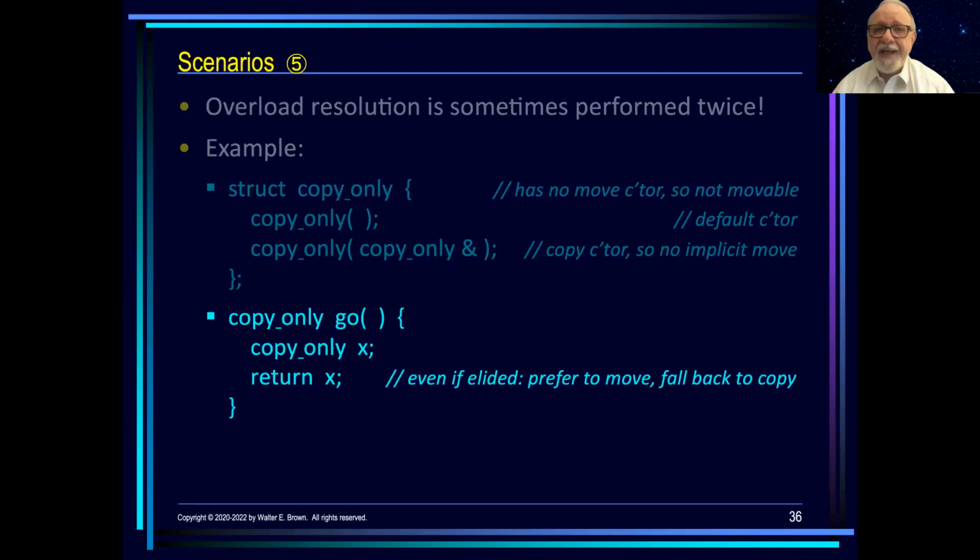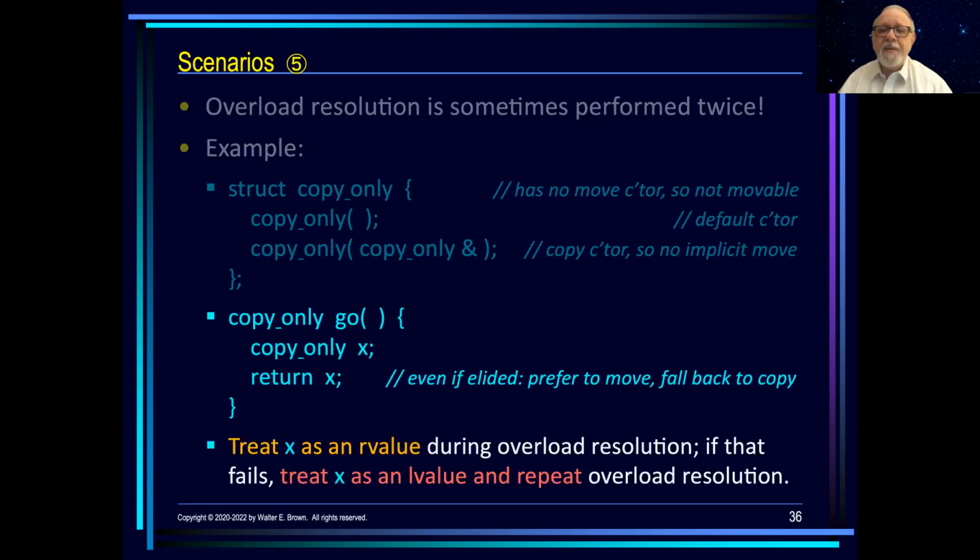Well, the language says we want to do copy elision. Move, we want to do moves in preference to copies. So what does the compiler actually do here? It first treats the x as an R value while it's doing overload resolution. If that were to succeed, we're done. But that can't succeed here.